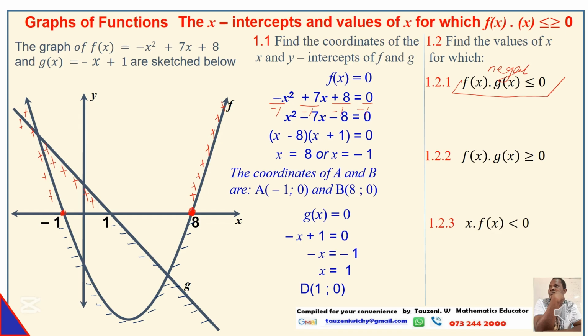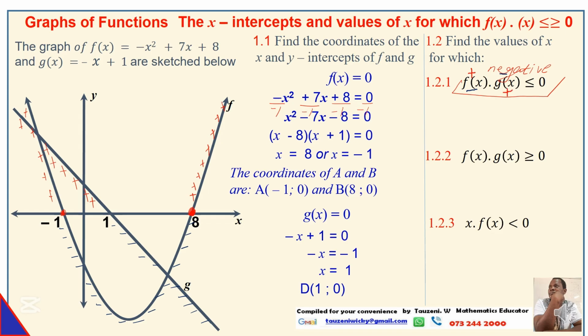So what can we do to get a negative answer after multiplication? We know that you get a negative answer if you multiply a negative number times a positive number, or a positive number times a negative number.